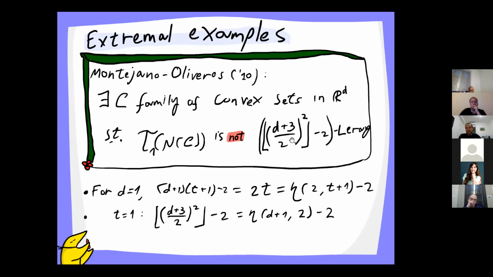And this number is exactly η(d+1, 2) − 2. So this is exactly one less than the bound in the conjecture. So at least in these two special cases, this η(d+1, t+1) − 1 seems to be the right goal.